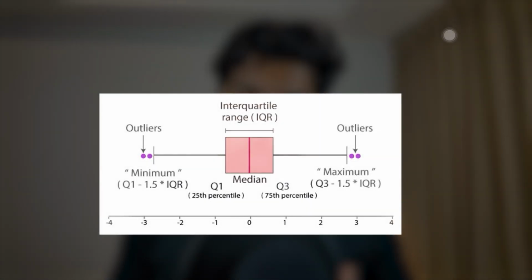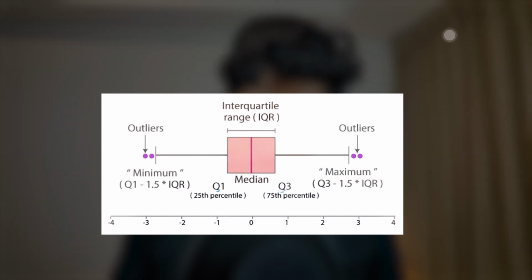Okay, now based on the 5-number summary, let's understand the box plot, which is also known as the box whisker plot. If you can see on the screen, we have a box plot which also displays the 5 numbers. Q1 means 25th percentile, Q3 means 75th percentile, and then we have the median, which is Q2.